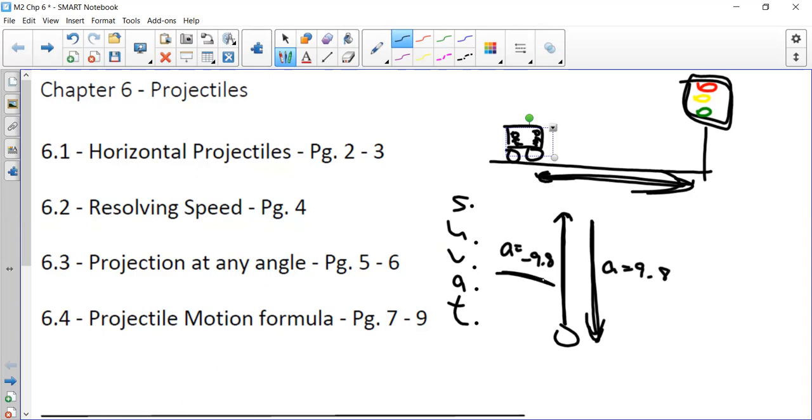Because if you use positive 9.8 when the particle is shooting upwards, that means you're accelerating as you go up. What does that mean? It's like a rocket, it never comes back down. A rocket without an astronaut, a robotic one, may never come down, okay? I did not intend to, sorry.